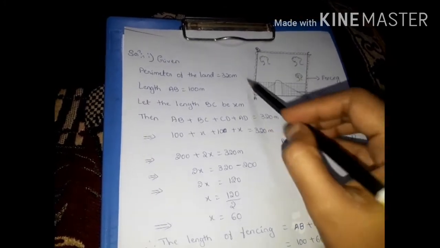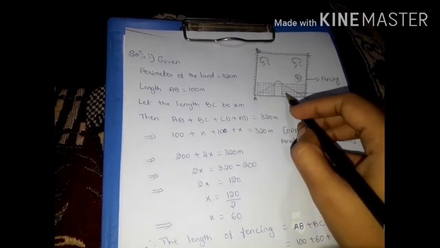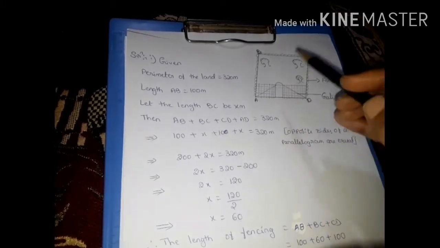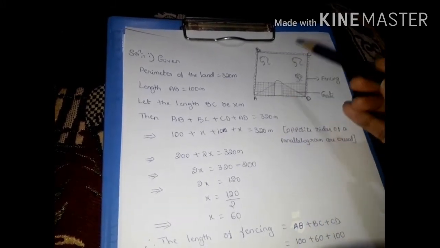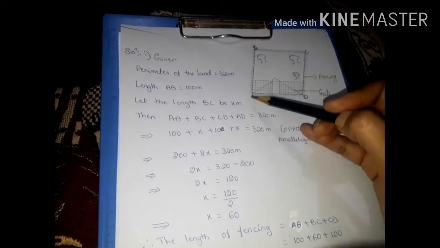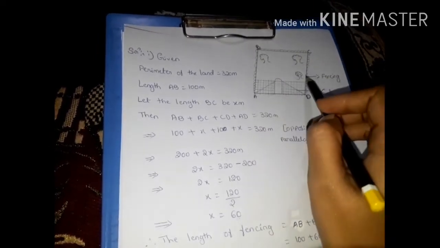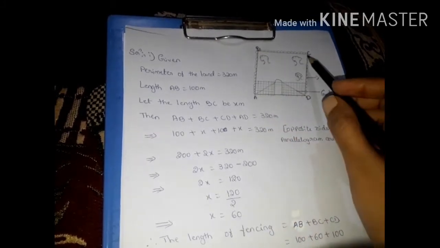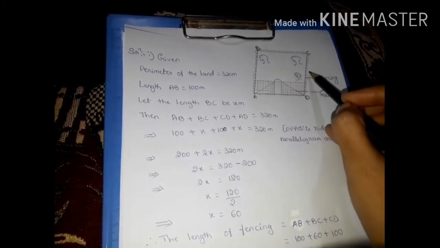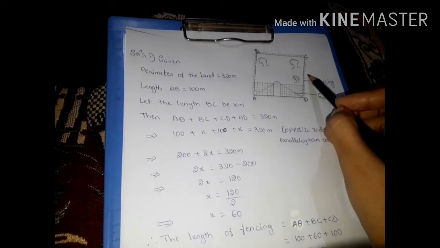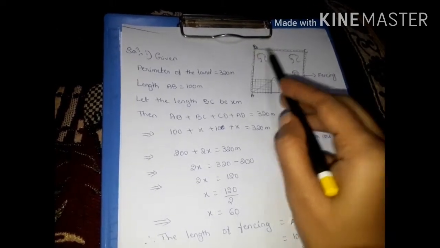Here the given diagram is in the shape of parallelogram. Already we know that in parallelogram opposite sides are equal to each other. AB is 100 meter, means the opposite side for AB, opposite side is DC. DC is also 100 meter. We considered BC as x.